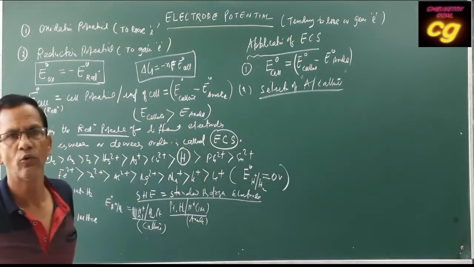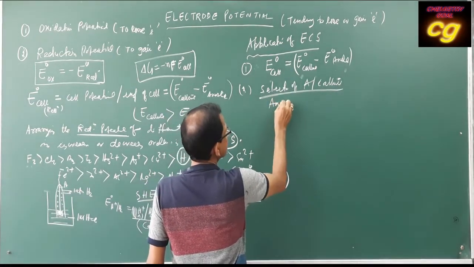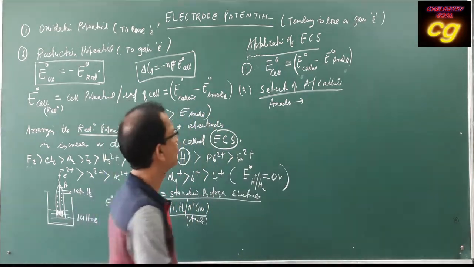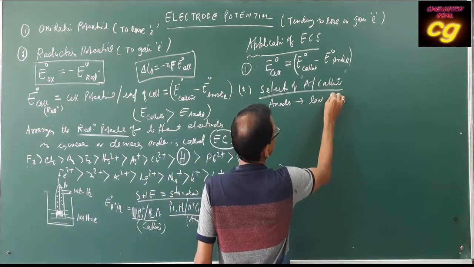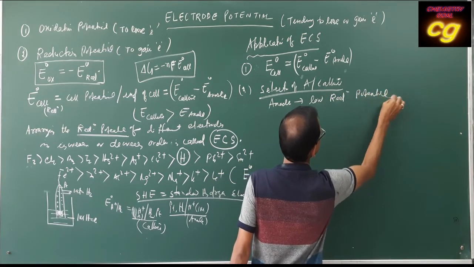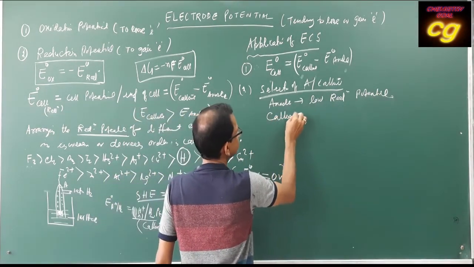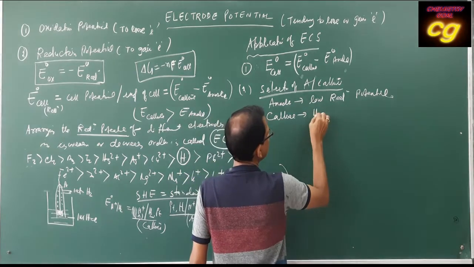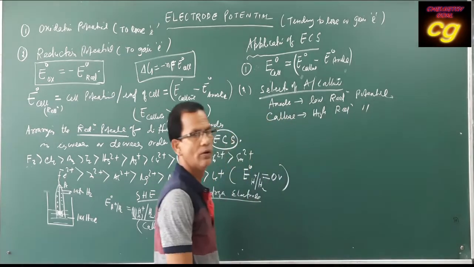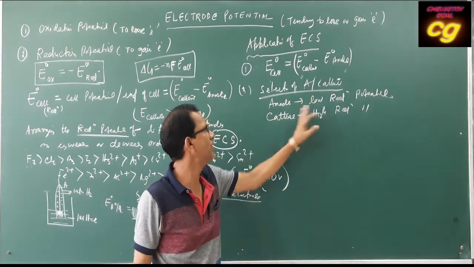Remember, anode generally has a high tendency to lose electrons, so low reduction potential, and cathode will have high reduction potential. Low reduction potential is always anode and high reduction potential is always cathode.